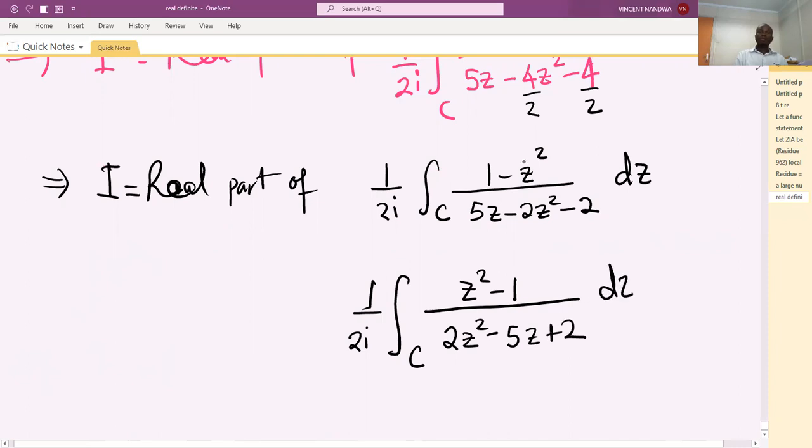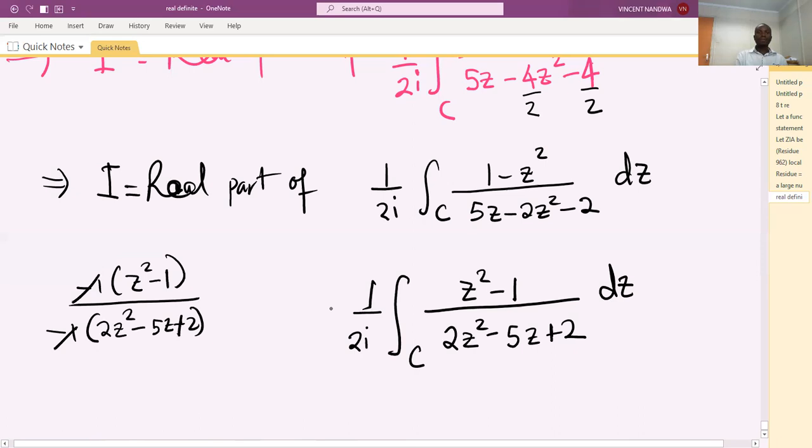Remember what we are doing here, we are factoring negative on the numerator, so we have negative 1 into z squared minus 1, and then factor out negative, so we'll have 2z squared minus 5z plus 2. So this negative and negative cancels out, so that's why we have this solution.